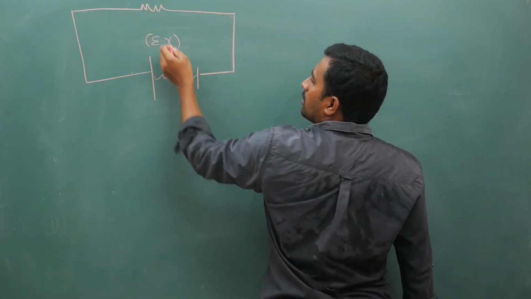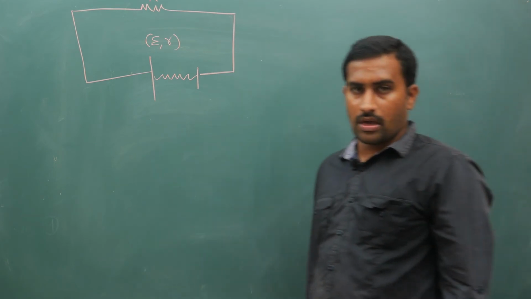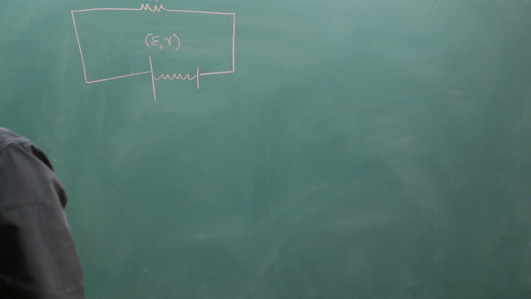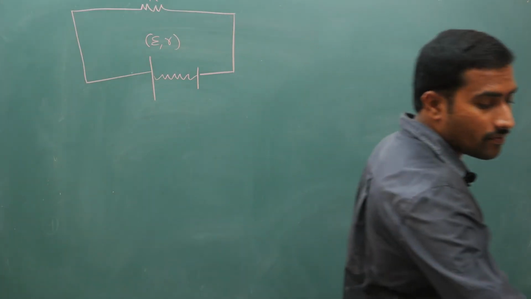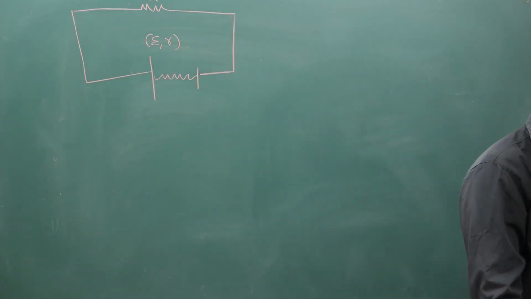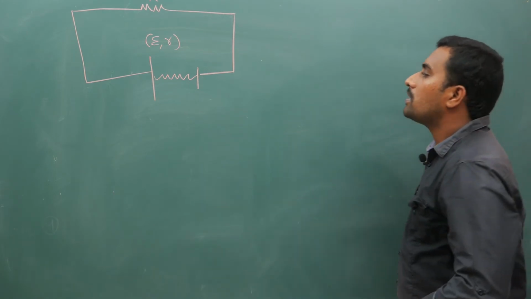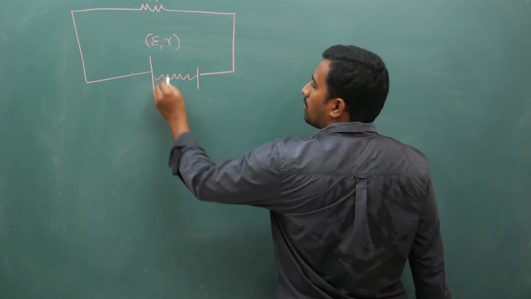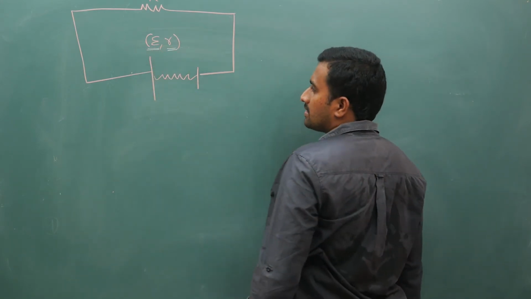Let us say a load resistance is there, capital R. Now I will try to calculate the EMF and the terminal potential difference in this figure. Observe very carefully: this part is your EMF, this part is your internal resistance.